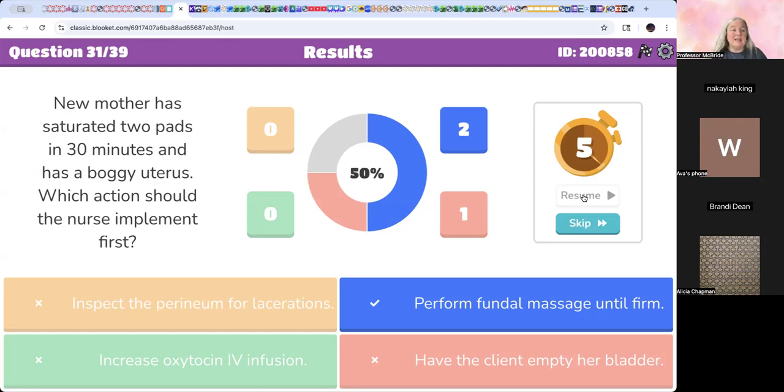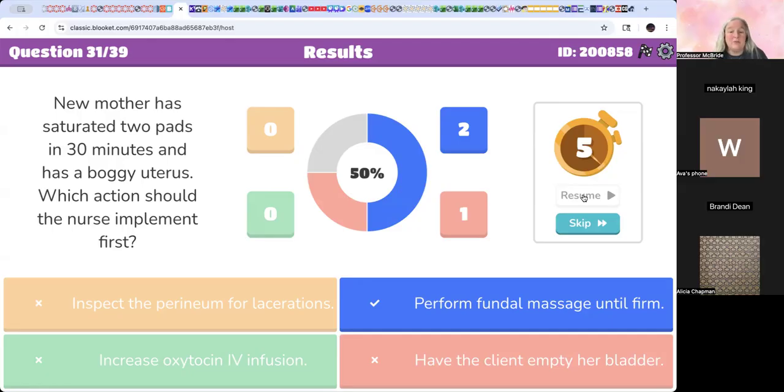A full bladder is definitely going to affect the way the uterus squeezes. So for this patient, massaging the fundus is the good first thing to do because the fundus is boggy and she's bleeding a lot. But the other things to consider are managing her bladder. For this one who's bleeding, has 2 pads in 30 minutes and a boggy uterus, I might put in a catheter for her.